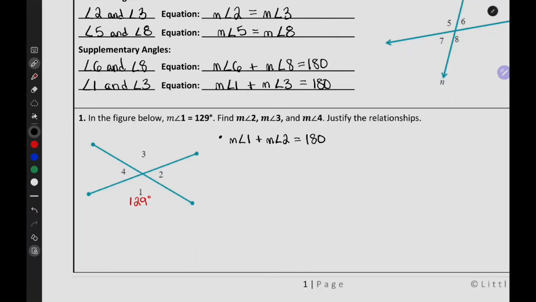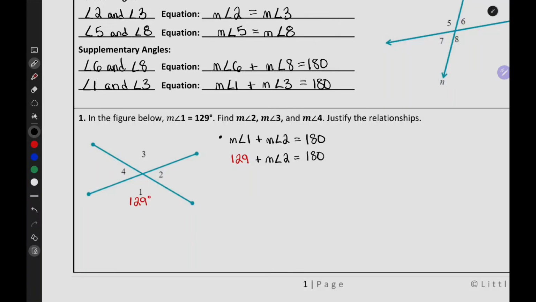Now we can substitute some values in place of the measurement of angle 1. We know that's 129 degrees. That's a better substitution, showing that step.